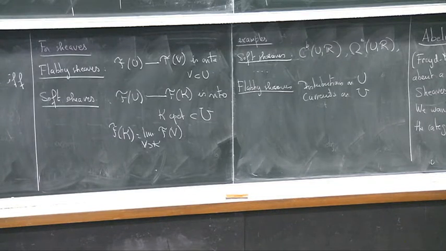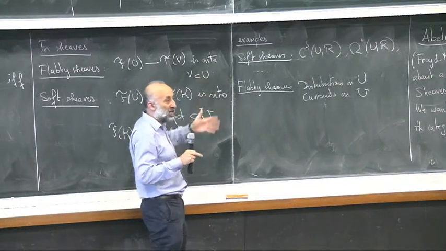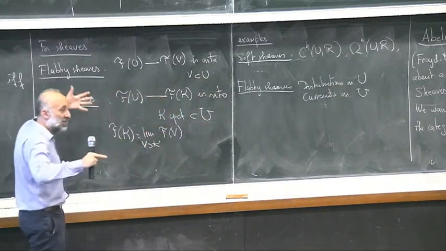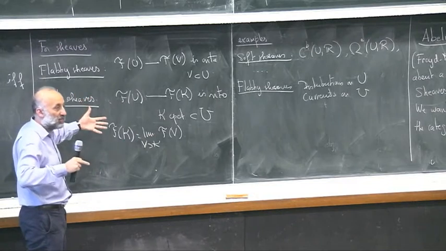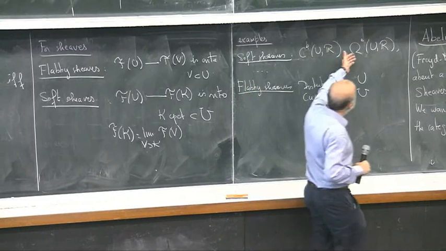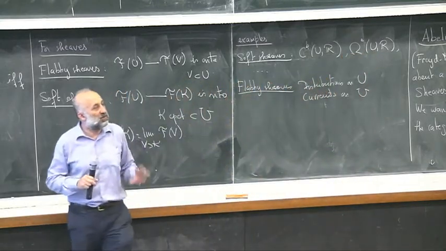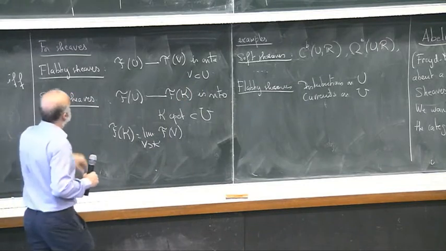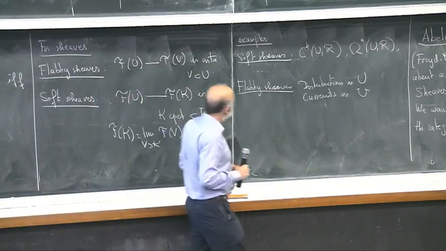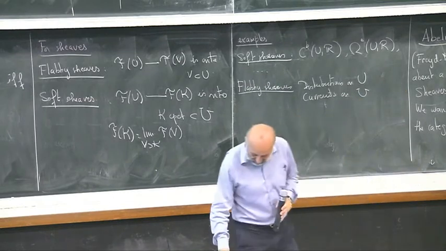Then you can apply some cutoff function or whatever, but in any way you can extend it to a bigger set U, always. There's always an extension. Of course, it's the same for the forms. And for the distributions, the dual argument tells you that this property holds.